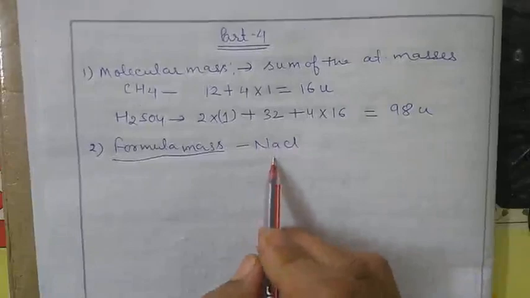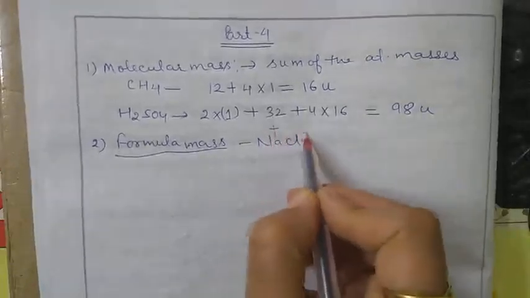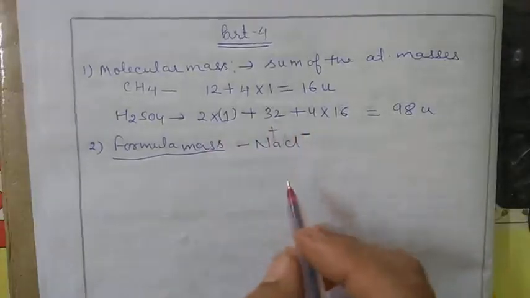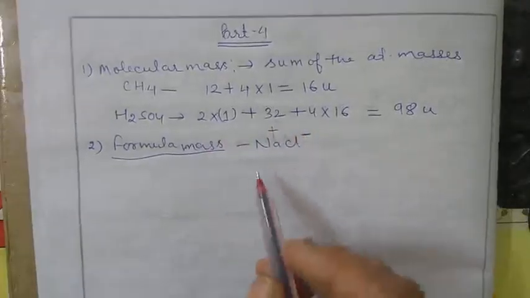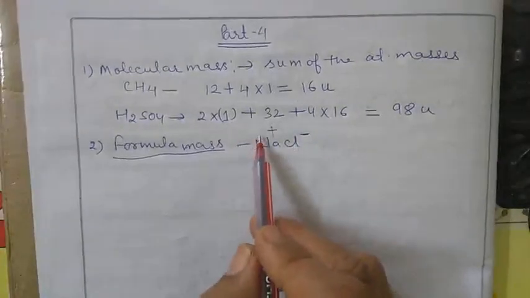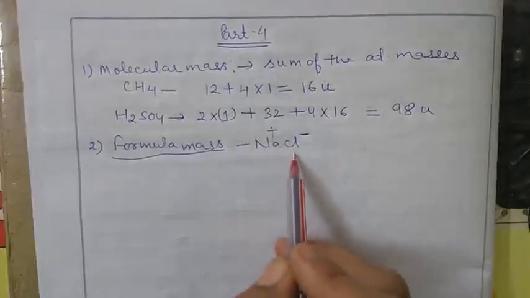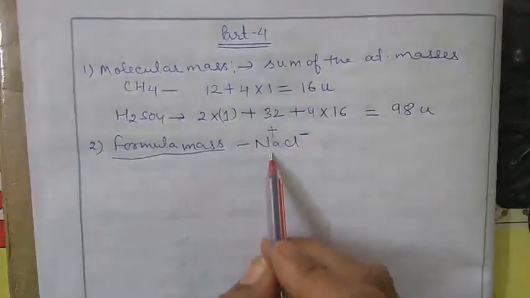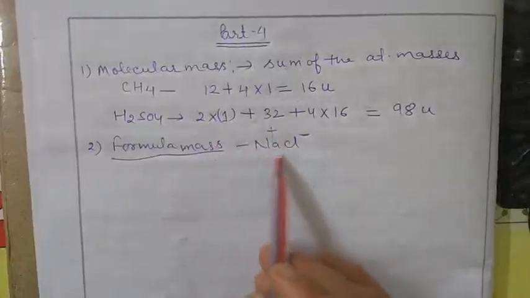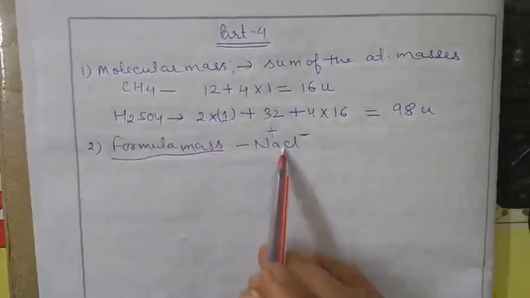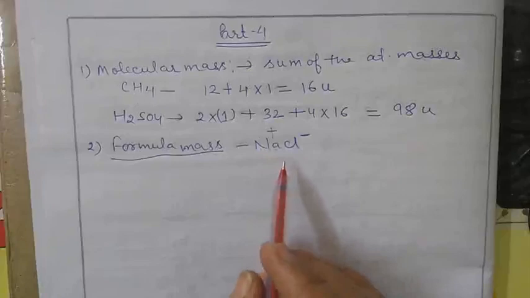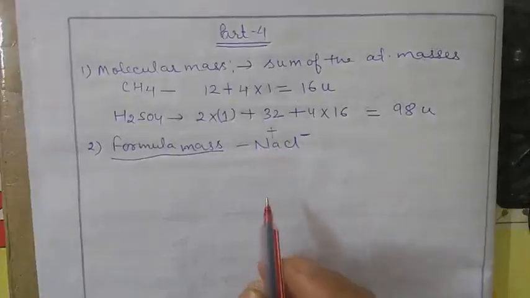So in such compounds, we have positive and negative entities arranged in a three-dimensional structure. In sodium chloride, the Na is positive and it is surrounded by the Cl negative. So the formula of such NaCl is used to calculate the formula mass. In case of the formula mass, we require the formula. So with the help of that formula, we can easily calculate the formula mass.